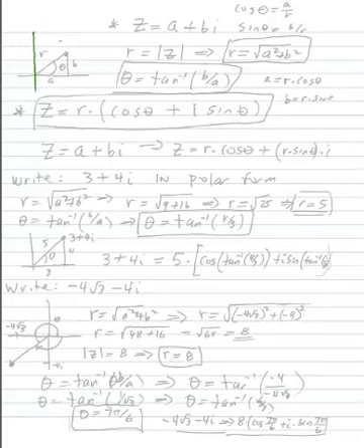Polar form of a complex number. So if our complex number, again, is z equals a plus bi, we know that r is the modulus of z, and that's equal to the square root of a squared plus b squared, and theta is the arctangent of b over a.